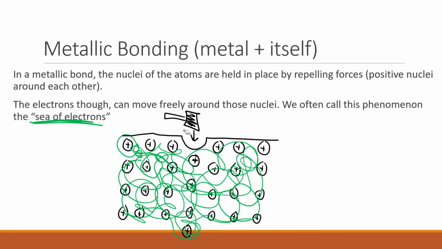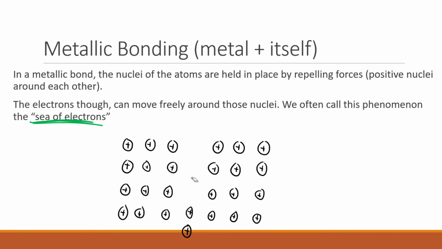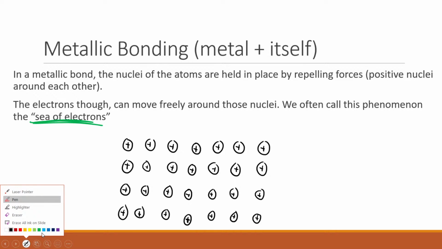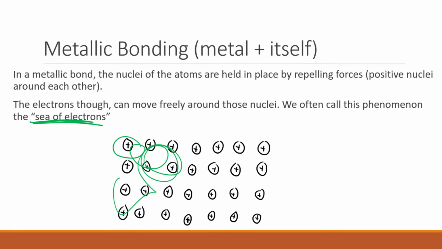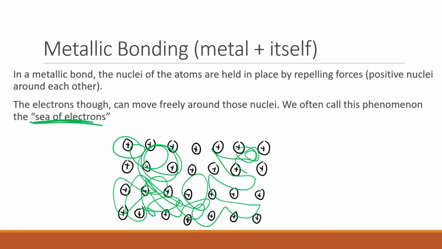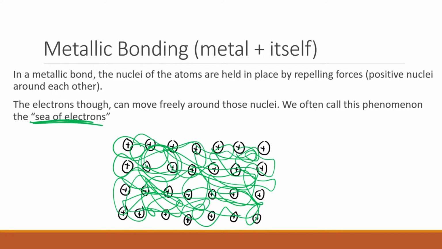This is also the reason why metals conduct electricity. If we come back to our starting point here, metals conduct electricity because of the fact that the electrons can go wherever they want. Again, let's just put some electrons in here. They can go wherever they want in this substance.